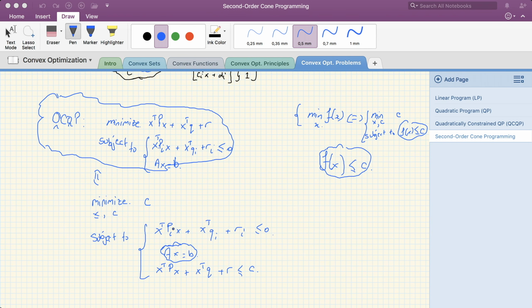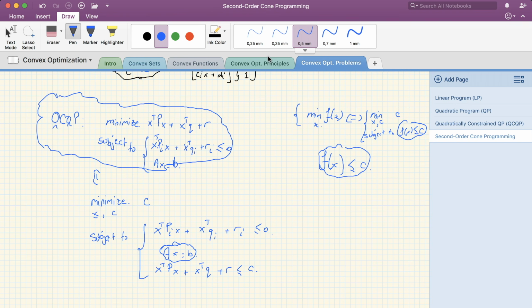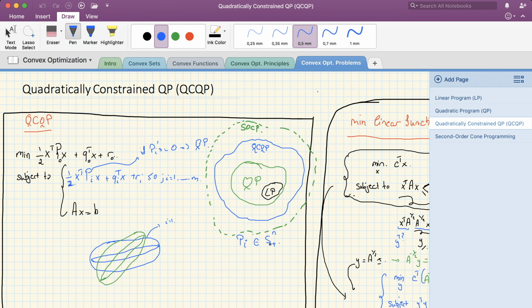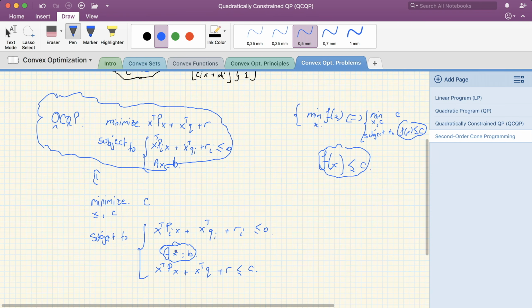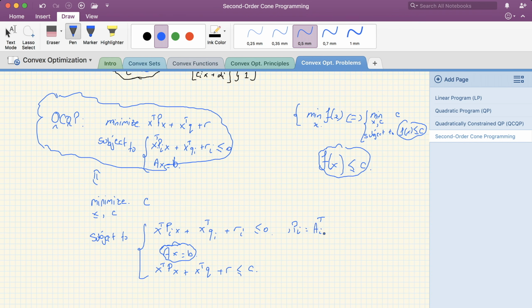Now, note that each matrix Pi is actually symmetric and semi-positive definite, right? That being said, you could decompose each Pi into Ai transpose Ai, square root of the matrix Pi.